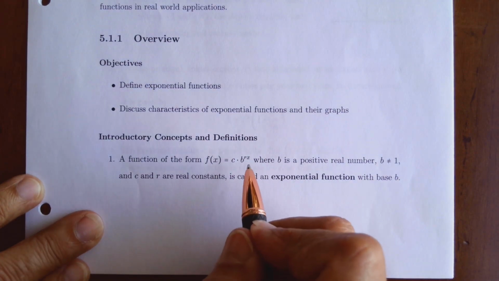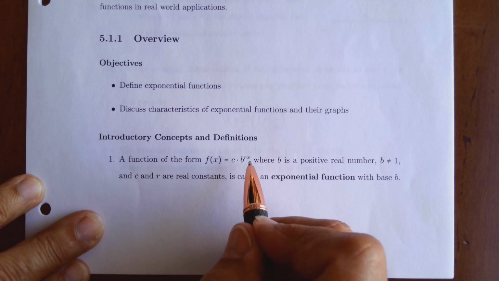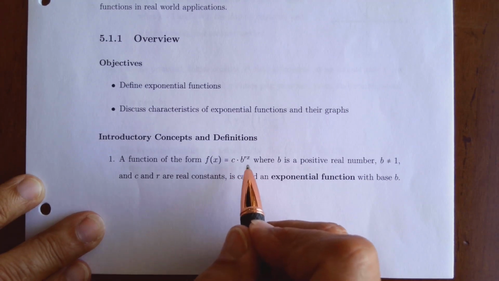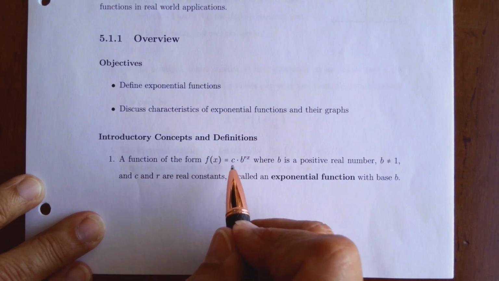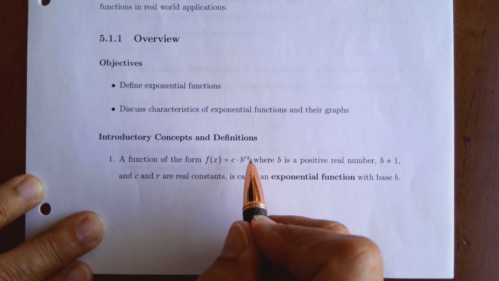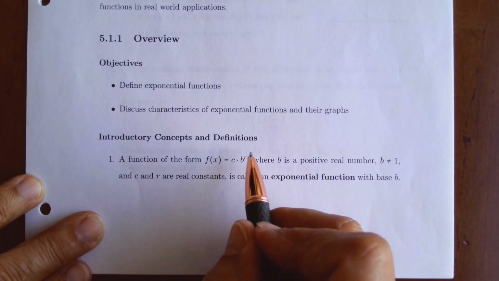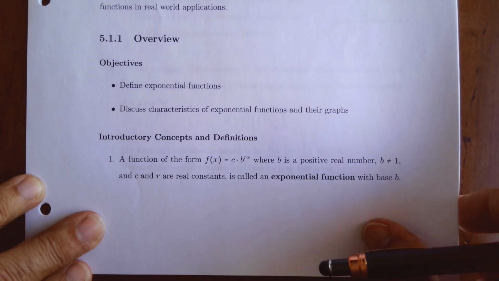So I want you to notice for exponential functions, the variable x is now in the exponent. Polynomial functions and rational functions, all the other functions we've been doing so far, x, the variable, has been in the base part. So exponential functions are the only functions where you'll see the variable up in the exponent. Okay, that's what makes them exponential in nature.